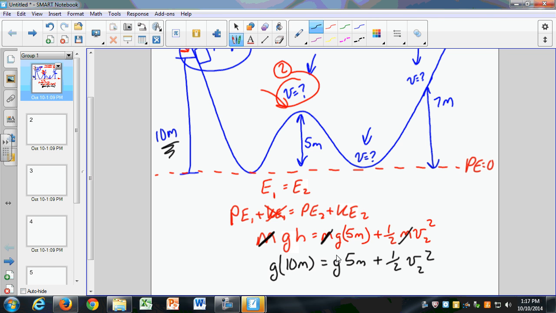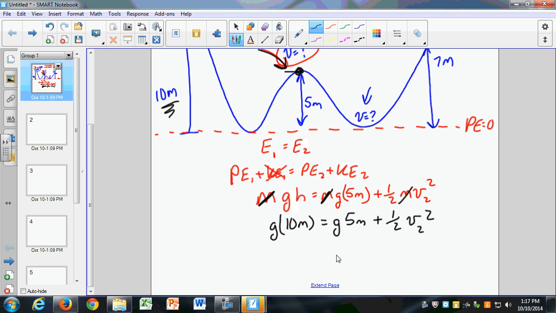And it's v2 that I want to know. I want to know the velocity, or the speed rather, at this point, at the very top of this jump. So if I take this and I subtract it from this side, I'm left with 5g equals 1/2 v2 squared. Then I multiply both sides by 2.